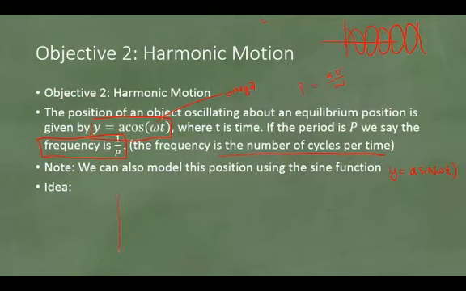So the idea is that we have something like a spring, maybe attached to the wall, and you have some sort of weight with some sort of mass, and maybe you pull this mass. So you stretch the spring a little bit, and then you let go so that the mass starts oscillating, starts going back and forth. There's a little spring there. It starts going back and forth, and it's fixed against the wall.